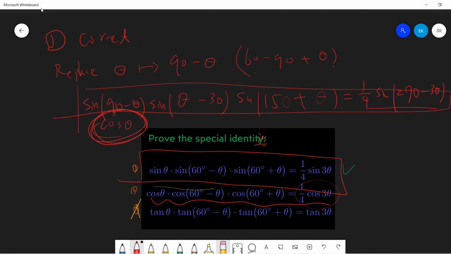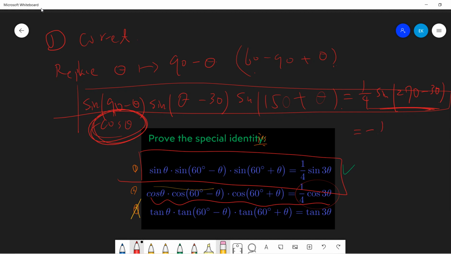Okay, and then how about this guy? This guy is 270 minus 3 theta. Let's say theta is 0. If theta is from 0 to 90, then 270 minus 3 theta should give you a negative.